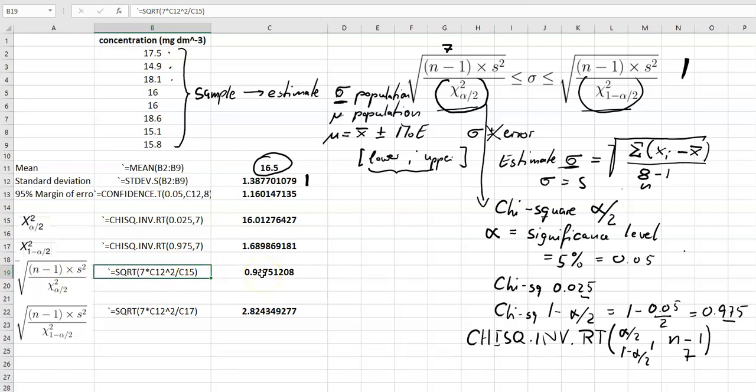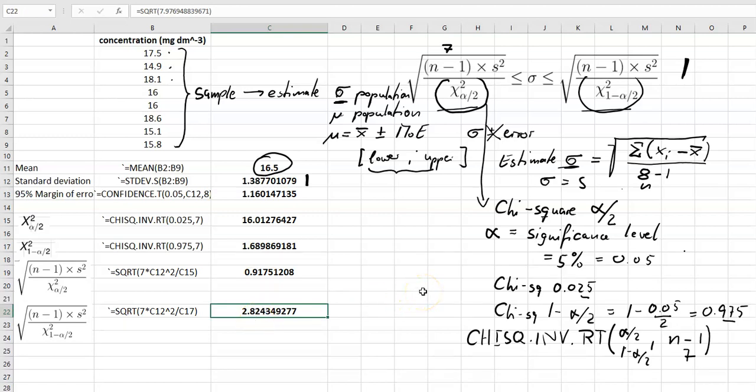And Excel tells us that this would be 0.917. And we do the same thing for the second part of this equation here. Again, very similar to the first part, just we substitute the denominator with what we've calculated in cell C17, and we get this value here.